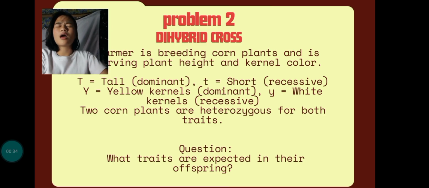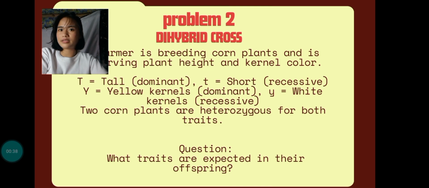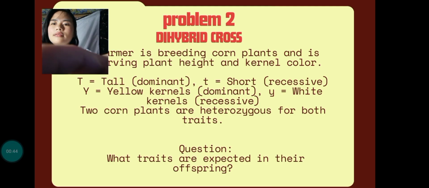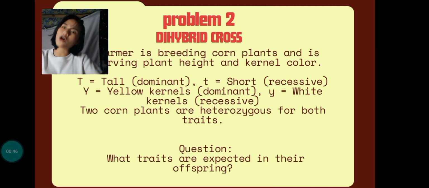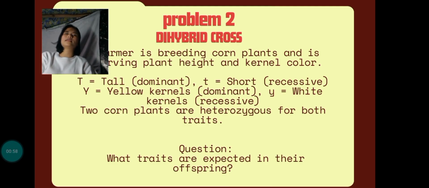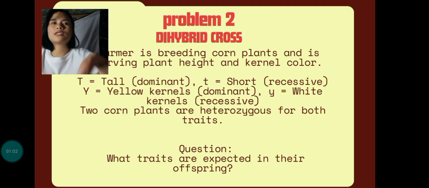Both parents are heterozygous for both traits. So the cross is TtYy by TtYy. The question is, what traits are expected in their offspring?